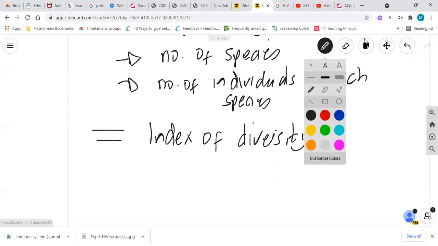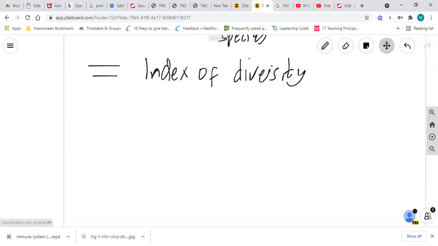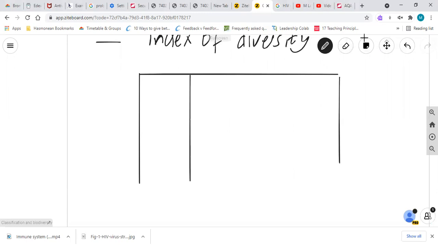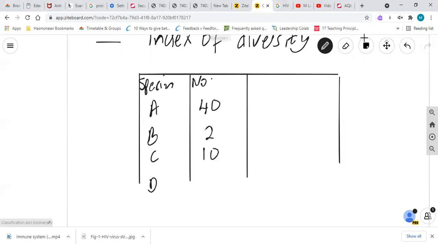Now I'm going to give you an example to lead you through how we do it. So let's imagine we have a table and we have species A, B, C, and D, and we have the number of them. So we've got 40 of A, 2 of B, 10 of C, and 30 of D. Now, we're going to use a formula.